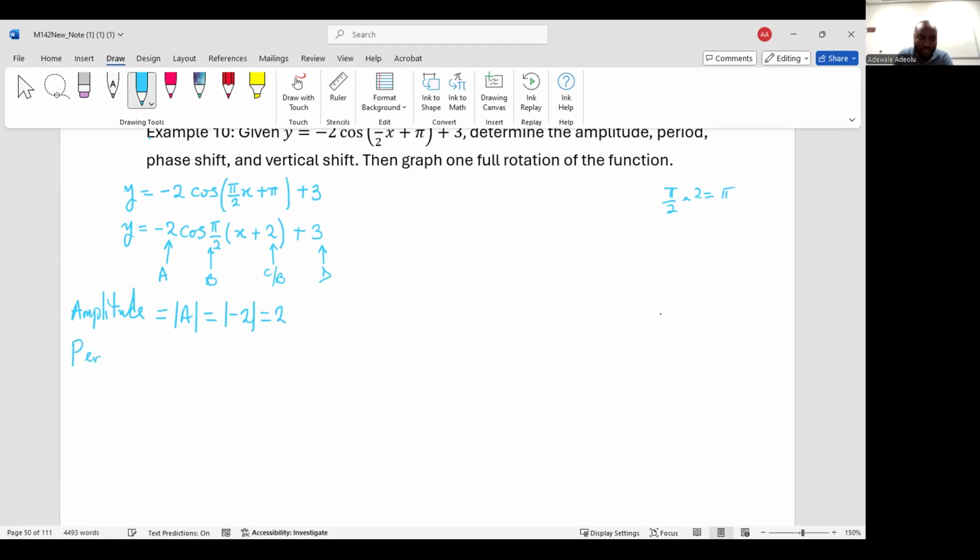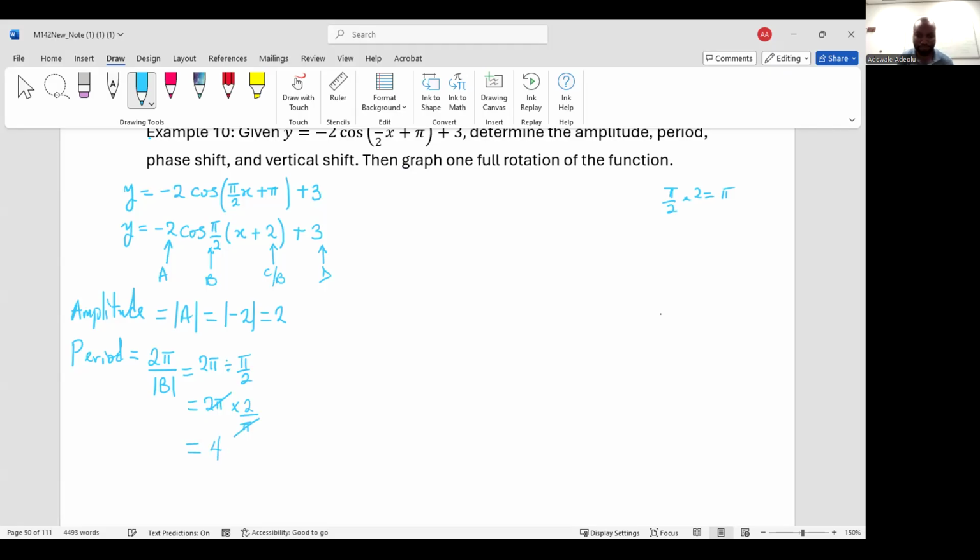We remember that period is related to B using 2 pi divided by B. B is pi over 2, so it is 2 pi times 2 over pi, which is 4.